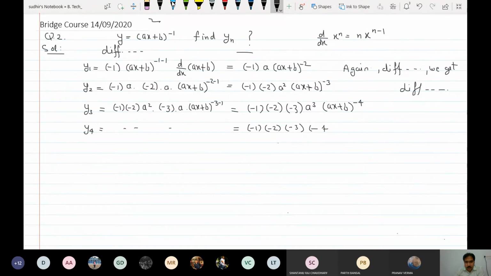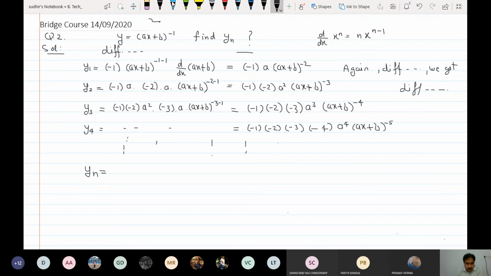We can directly write it. Then a raised to the power 4, (ax plus b) raised to the power minus 5. Now, in that way we can continue like this, and then we can write directly yn, that is the nth derivative.